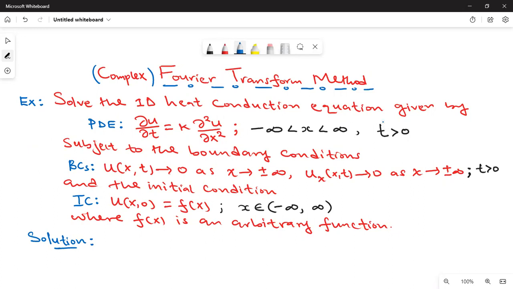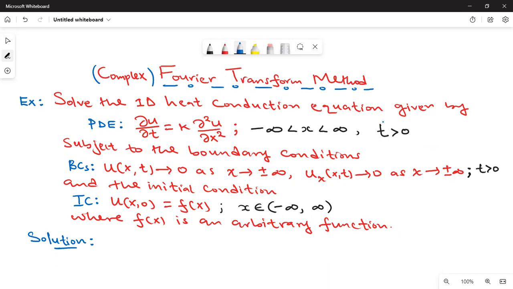The boundary conditions vanish, or simply the solution vanishes: u of x, t approaches 0 when x approaches plus or minus infinity. Also, the derivative of u with respect to x approaches 0 as x approaches plus or minus infinity, for all time t greater than 0.